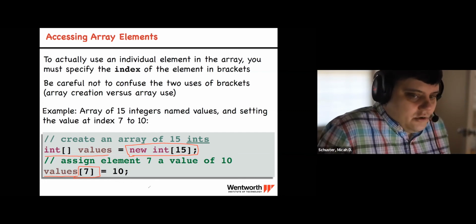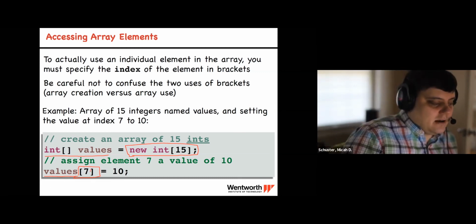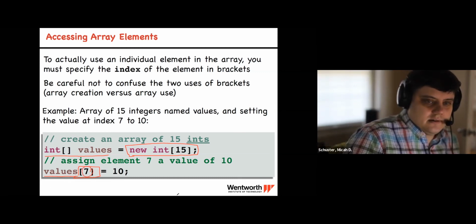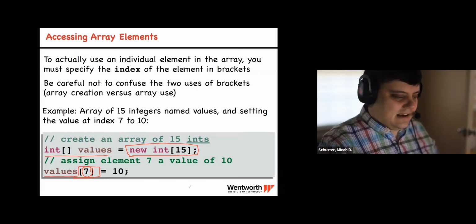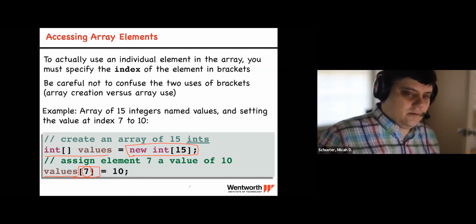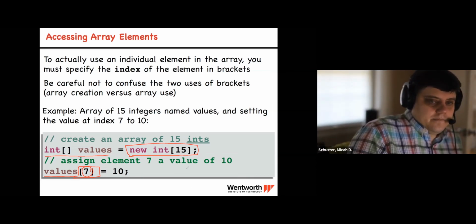Which int do I want to change? Which int do I want to use? In this case, I'm using int number 7. So values index 7 equals 10. If I had 15 ints, I'm taking number 7 and setting it equal to 10. And you can access any element this way.